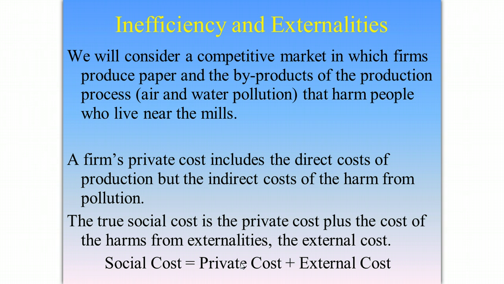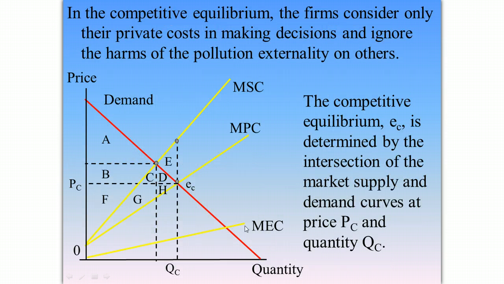If consumers don't want the product, the firm will just stop making it, and the resources will go somewhere else. But if the cost is different, this price-cost calculation may not reflect the true social cost.